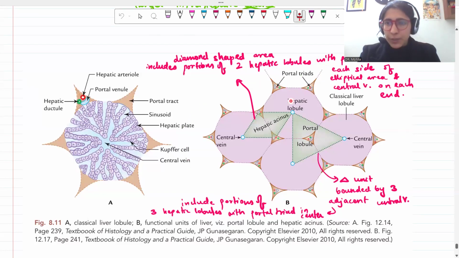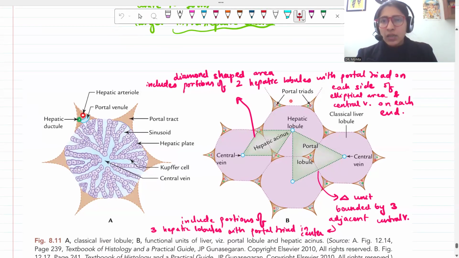So we have the arrangement of different hepatic lobules. Here I want to tell you about two things. One is the hepatic acinus, which is this diamond-shaped area including parts from two hepatic lobules, with portal triads on each side of the elliptical area, and on each end, there are central veins.